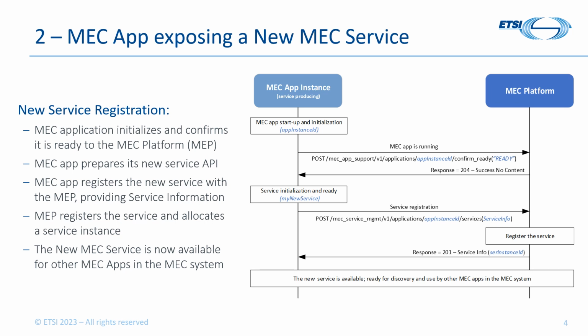Before registering the service, the MEC app first needs to initialize and confirm that it's ready with the MEC platform, and then internally prepare the service for use by consumers.